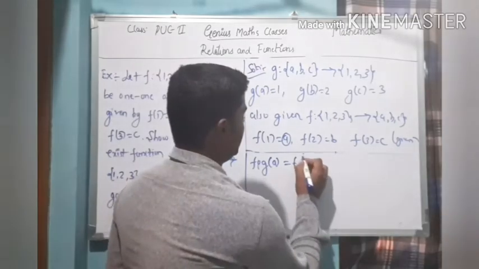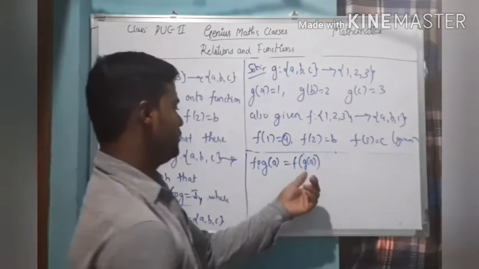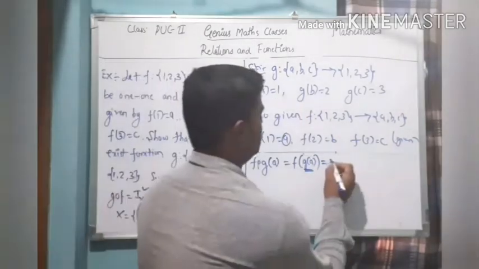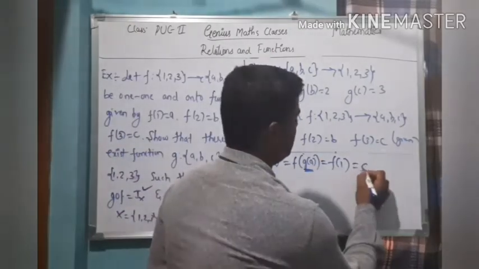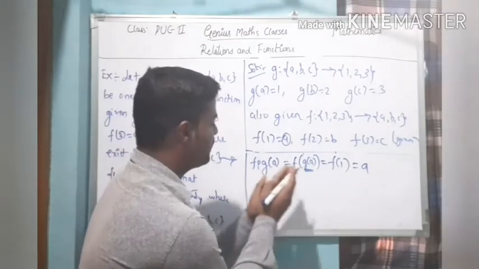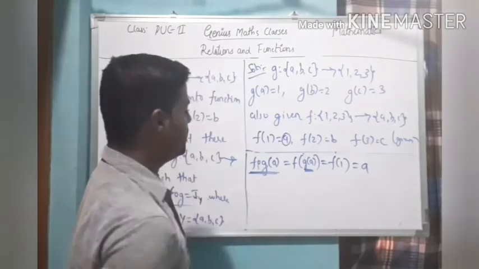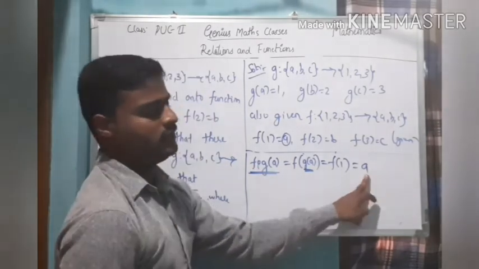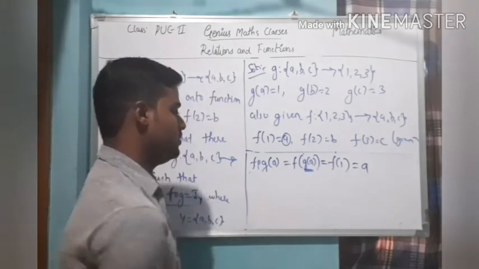By definition, we can write f of g of a. g of a value is 1. f of 1 is equal to a. So here also we are getting the same image for the same element. If we have this function f naught of g of a, we got the image as a only. So this is the identity function.